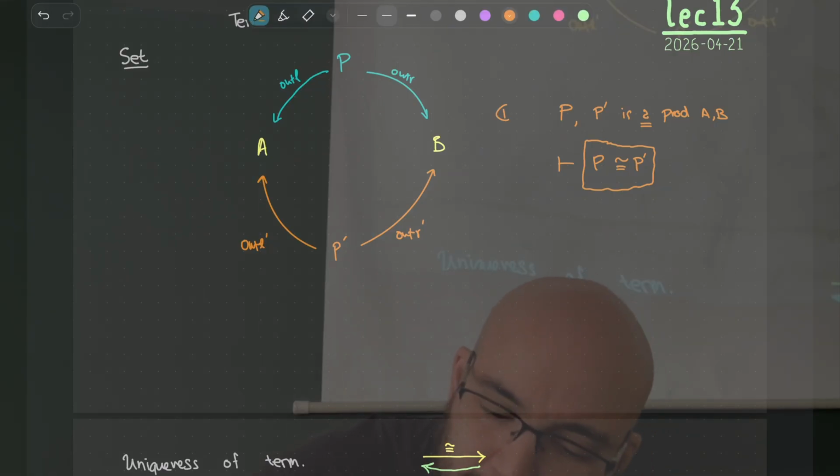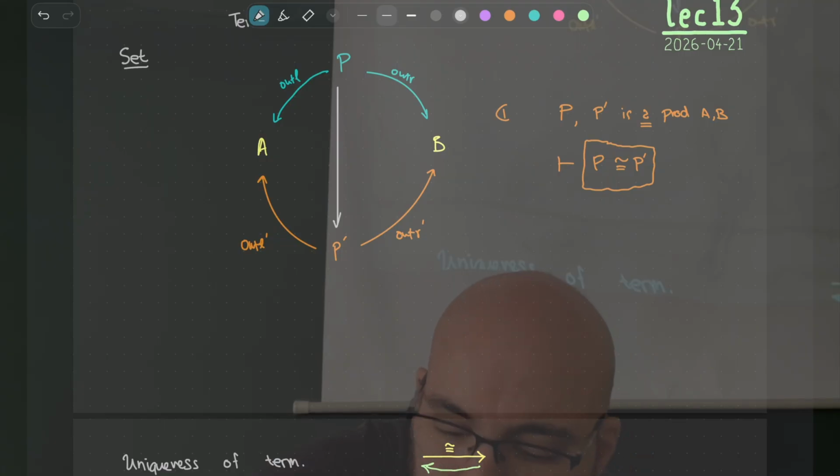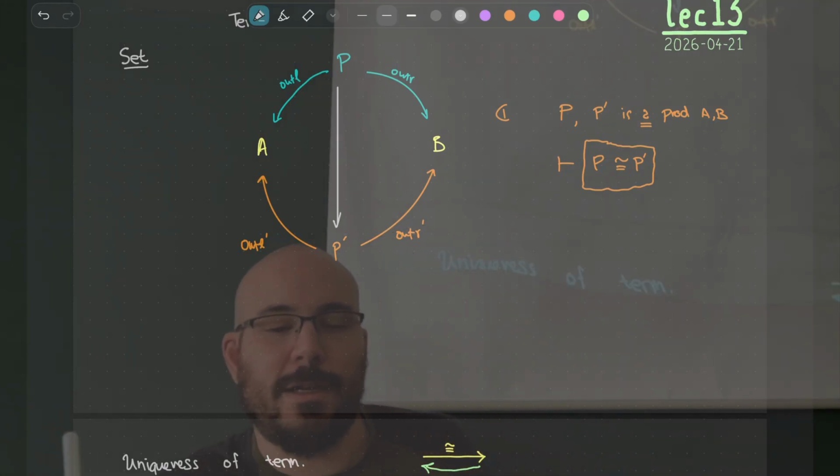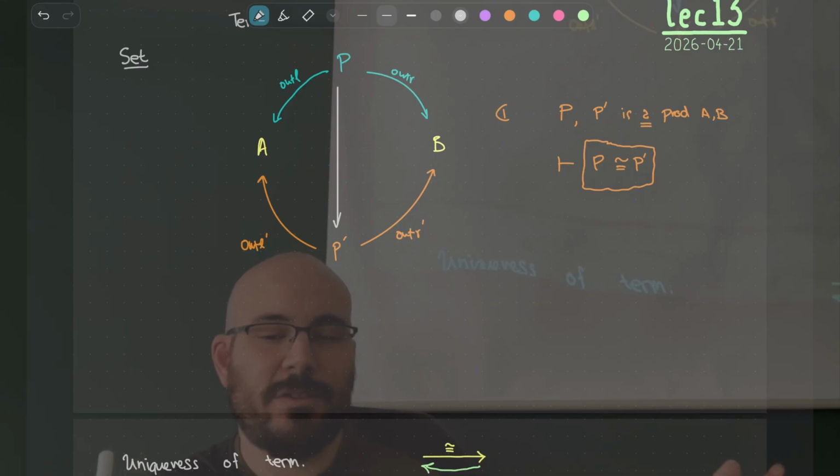This means that I need to be able to find a way to go. I should pick a different color. I don't know, like that. I need to find an arrow like that. Where do I get an arrow like that? What have I used so far?